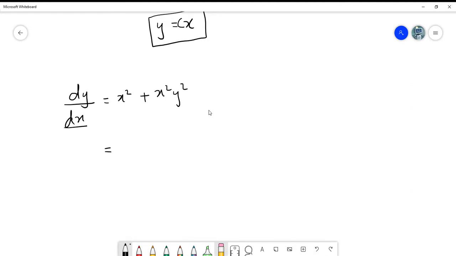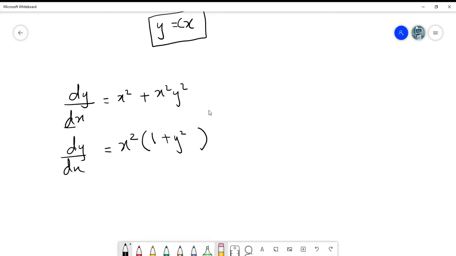So before we get confused about whether it is separable, we need to simplify the equation first. So as you can see, x squared and x squared y squared have something common. So I'll take x squared common and I'll be left with 1 plus y squared, and I'll bring down dy by dx as it is.